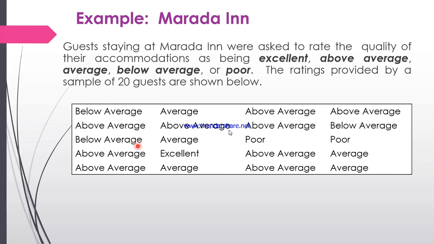We learned so many such examples in the previous discussion class, so accordingly identify. Here you can clearly get it. What is the quality of the accommodation? Or you can write the quality of the accommodation of Marada Inn.